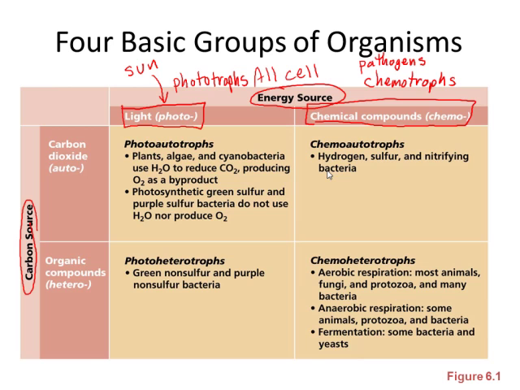So now let's move on to the carbon source. For some bacteria, using a simple molecule that's readily available in the environment, carbon dioxide, they could take that carbon dioxide and build all their important cellular structures.